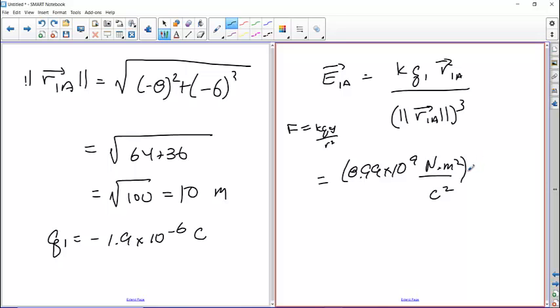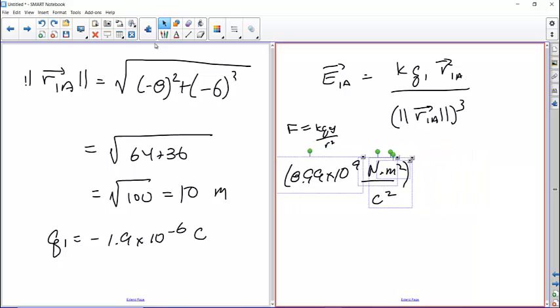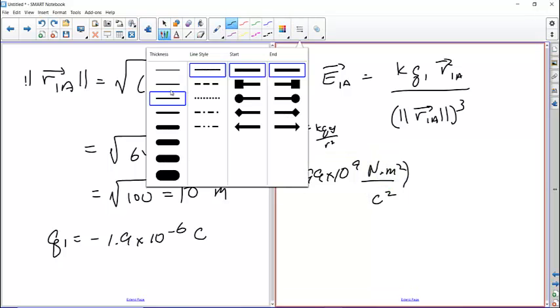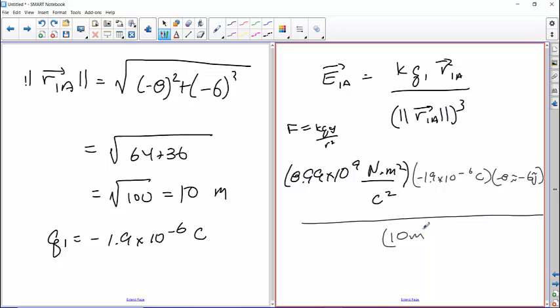So that's the units. Let me move this thing over a little bit because I'm going to run out of space quickly. Then we have Q1, which is negative 1.9 times 10 to the minus 6 coulombs, times the vector, which was negative 8I minus 6J, all divided by 10 meters cubed.